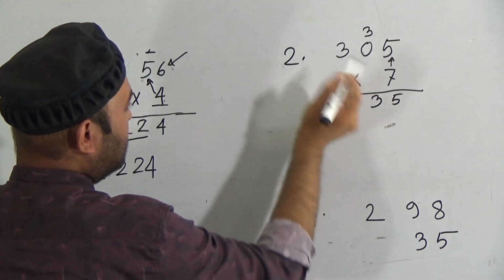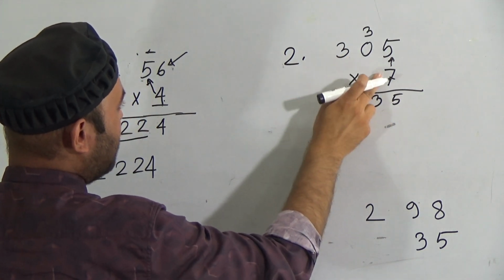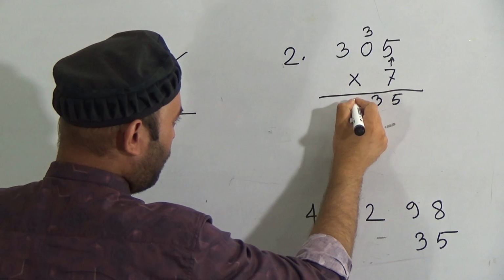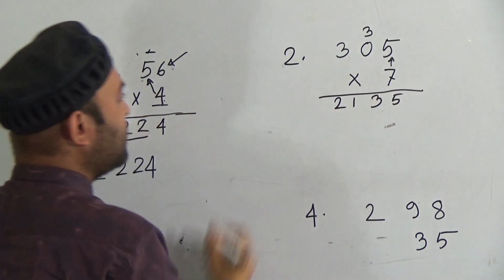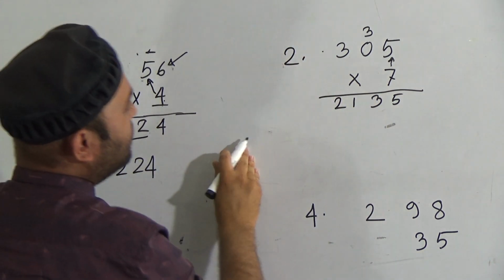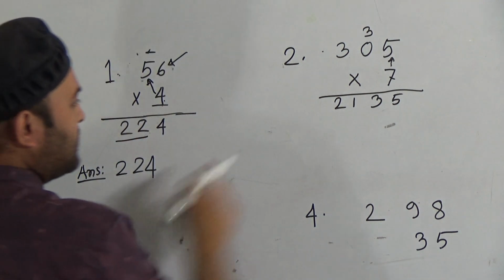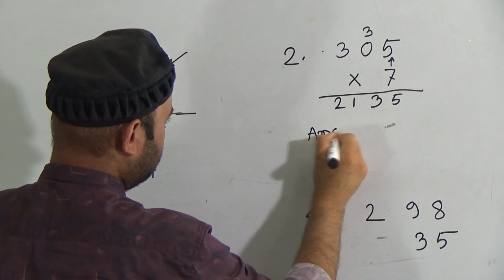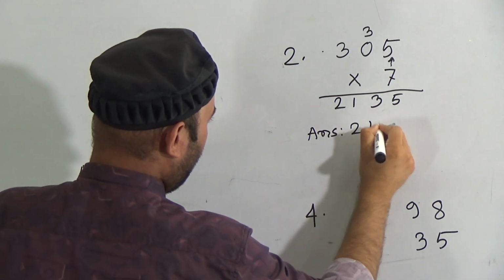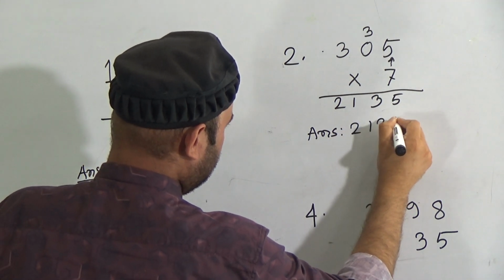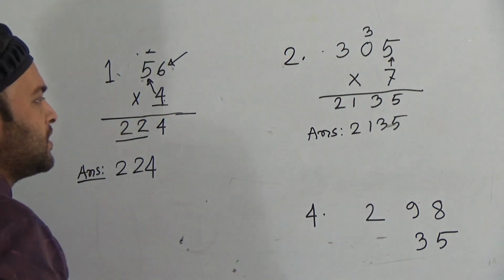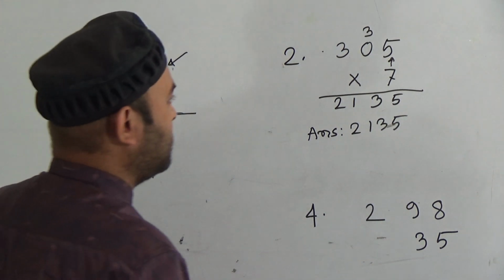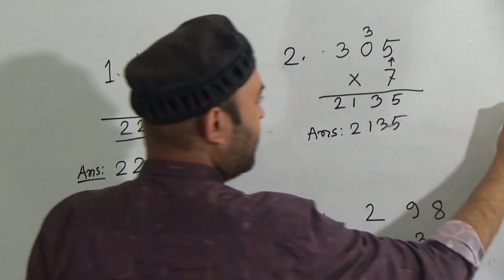Then the next number, 7 and 3. 7 threes are 21. Since there is no digit before the hundreds place, 21 will be here, and the answer is 2135. Now the next question.